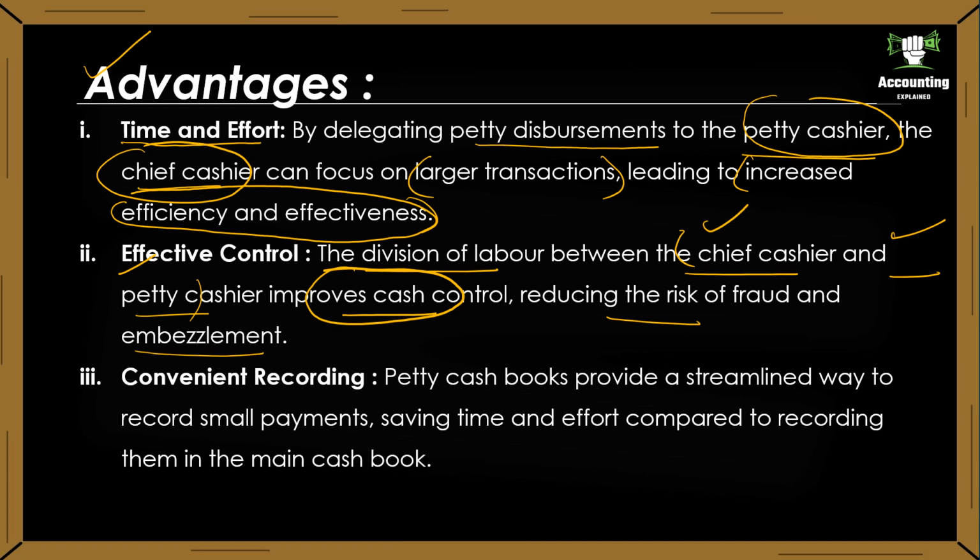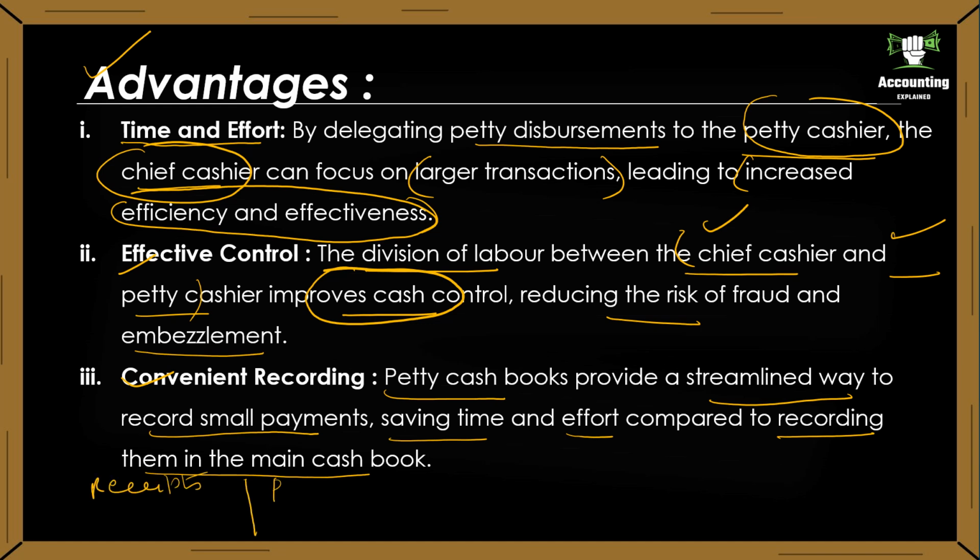Convenient recording. Petty cash books provide a streamlined way to record small payments, saving time and effort compared to recording them in the main cash book. The main cash book is mainly like a ledger. That's what we saw, no, on the left side it will be receipts, and on the right side it will be payments. So basically it is similar to the ledger, whereas the petty cash book is very easy to maintain.